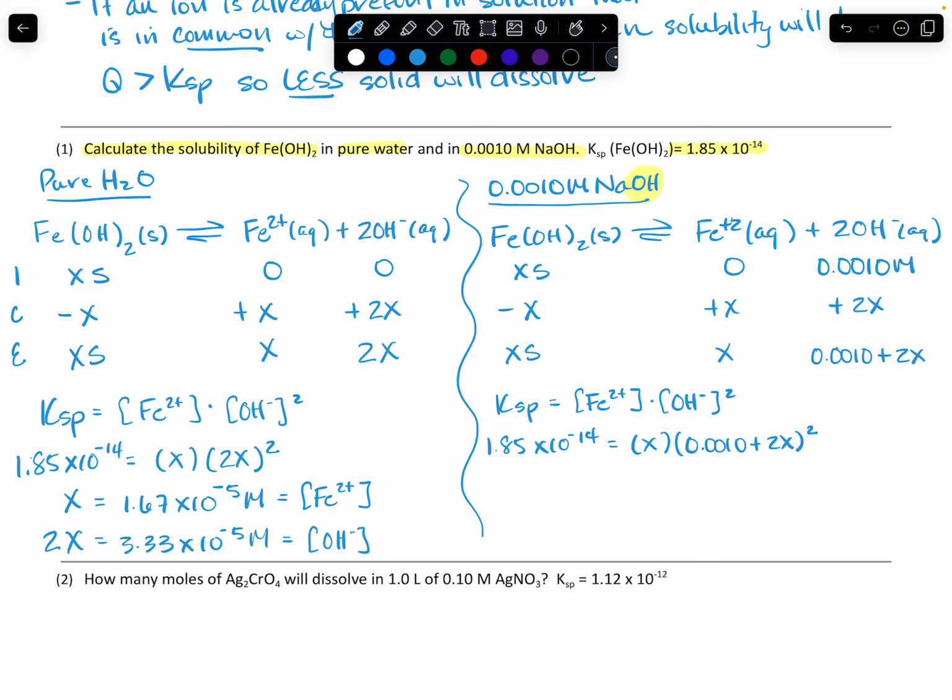Now this could get very messy mathematically, but we can make an assumption here. We can use our 5% rule. That Ksp value is very small, so the amount that's actually going to form ions is probably very small. In comparison to 0.001, that 2x value is probably going to be so small that it's almost irrelevant.